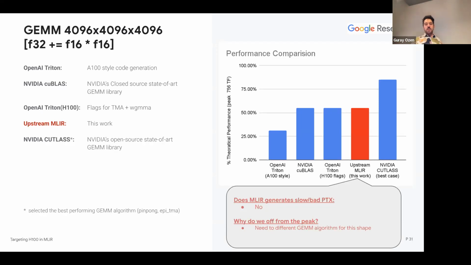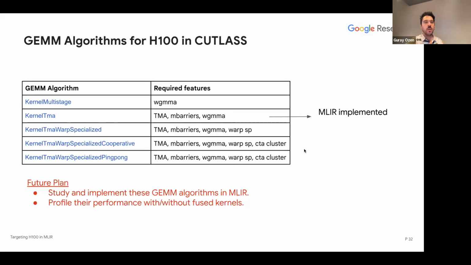Well, are we generating bad code? No, we are not actually generating bad code. The reason we are off from peak performance in MLIR is that we still need to implement more features that Hopper has. Let me show what they are. If you look at CUTLASS, which is the matrix multiplication library from NVIDIA, you will see 5 algorithms for the matmul. In these 5 algorithms, the second one is the kernel TMA, which I implemented.